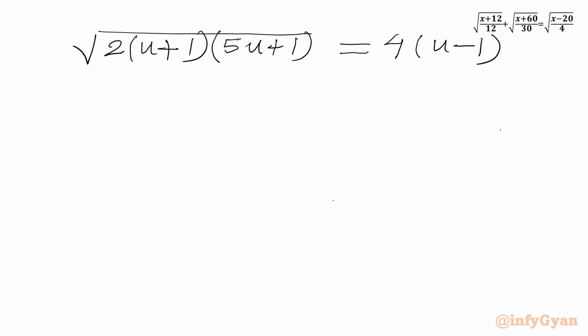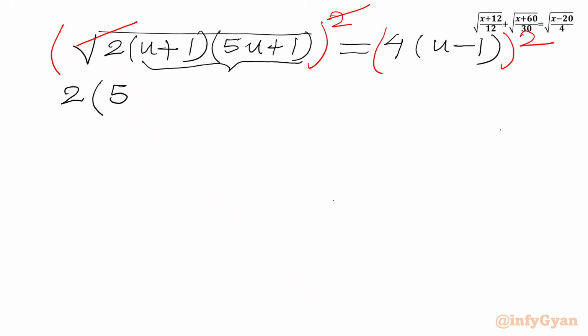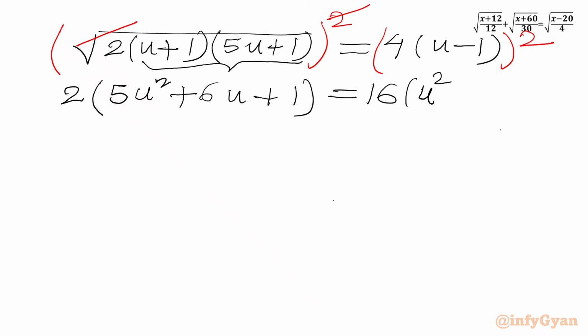Now we have a square root on the LHS, so we'll be squaring once again. Whole power 2 on the RHS, we'll put whole power 2, square root and square will be cancelled out. From the left hand side, we will get 2 times, let's multiply these two, we'll get 5u square, 5u plus u, 6u, 1 times 1, 1, equal to 4 square is 16, then u minus 1 whole square, u square minus 2u plus 1.